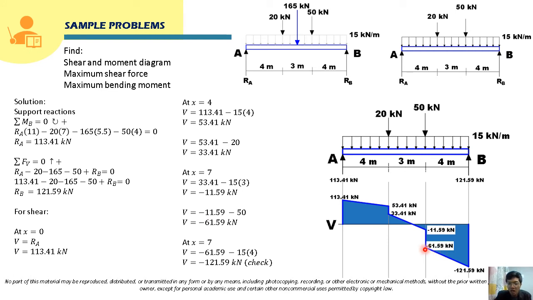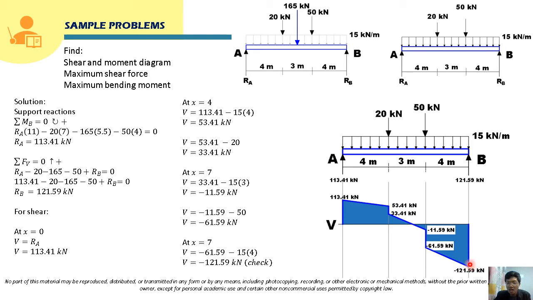And lastly, for the shear at the endpoint, that will be x equal to 11. Class, the shear here is negative 121.59. Again, this is just a typo error. This is x equal to 11. So this will be somewhere here, negative 121.59.